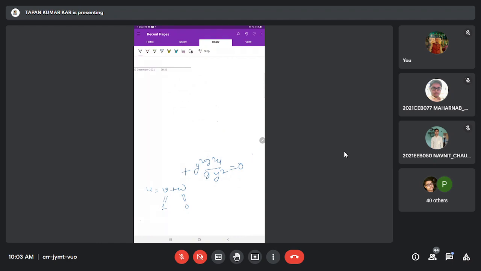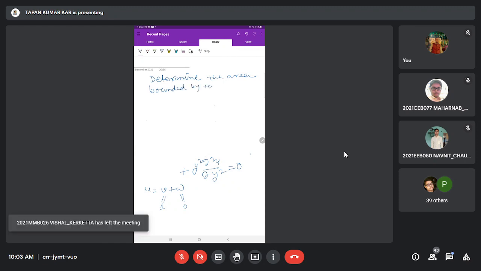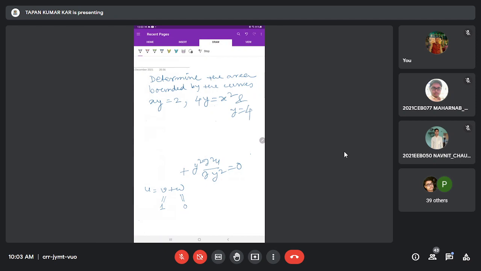Another example, you will try it. I am not solving it here. Determine the area bounded by the curves xy equal to 2, 4y equal to x square and y equal to 4.